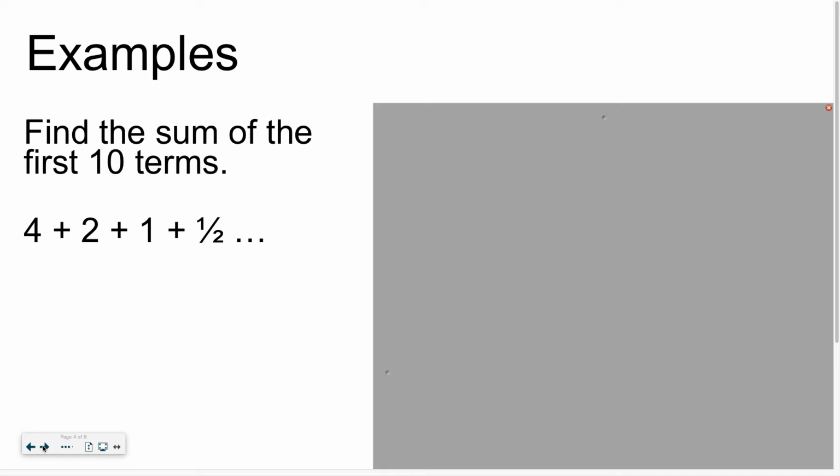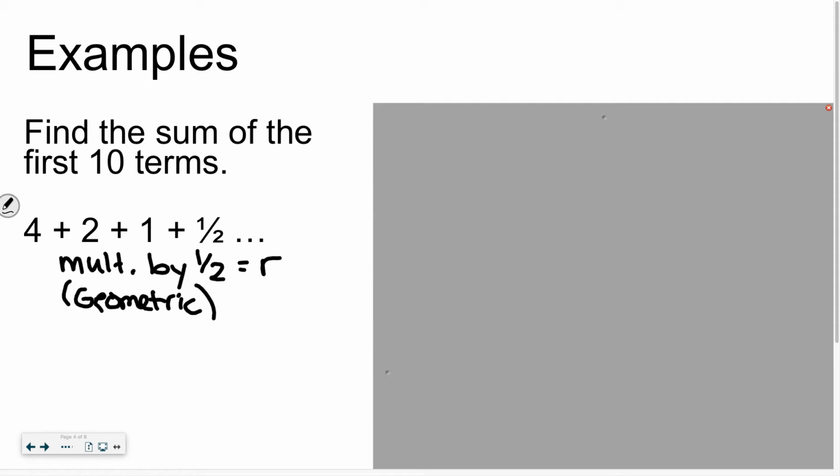So, what's the pattern that's happening from one term to the next? Divide by 2, okay? So we're going to say multiply by 1/2. That means that's r, right? And that also means that this is geometric. So then I can use my geometric sum formula.